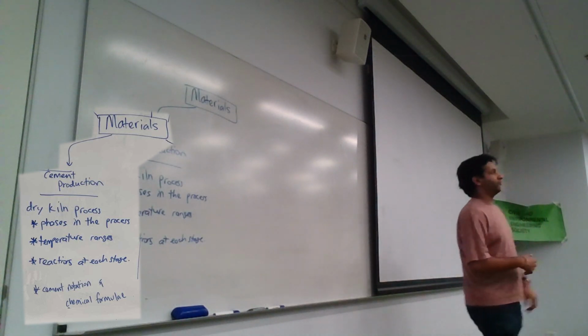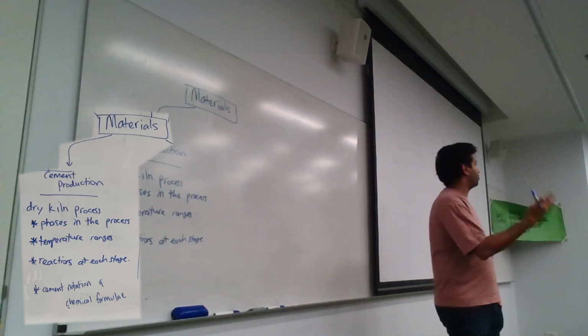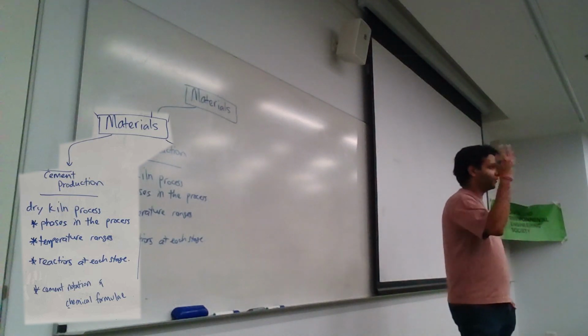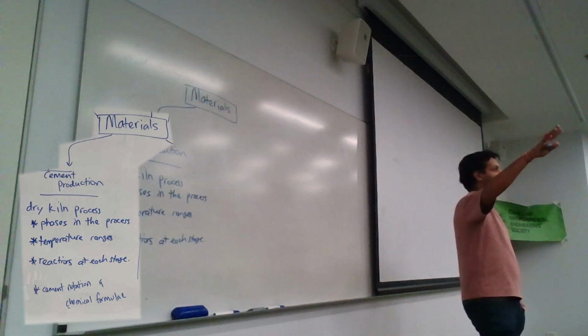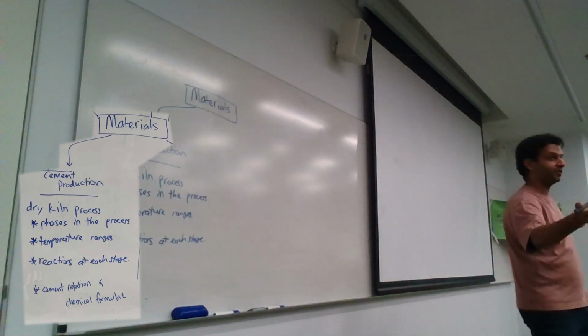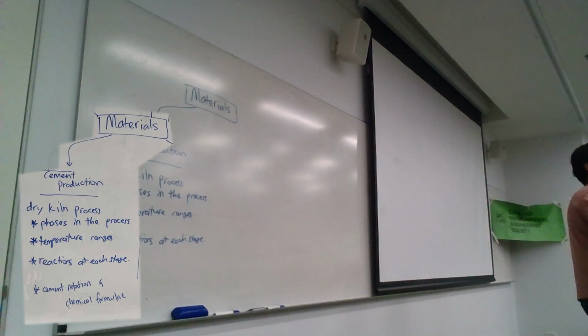For example, things to know off the top of your head would be, in the preheating phase, what are the chemical reactions that happen? There's only one process that happens, which is decarbonation.